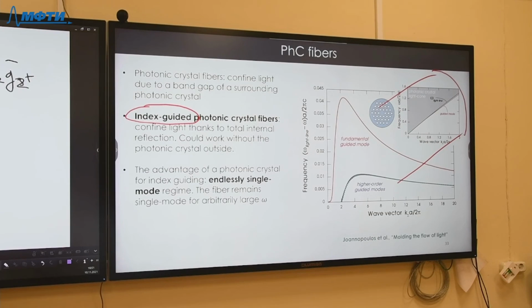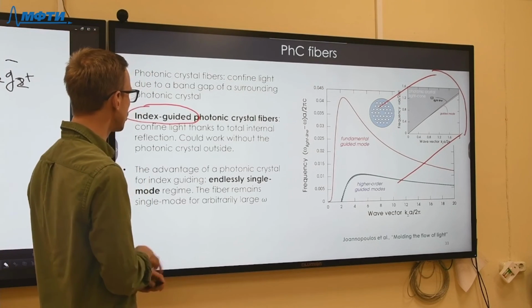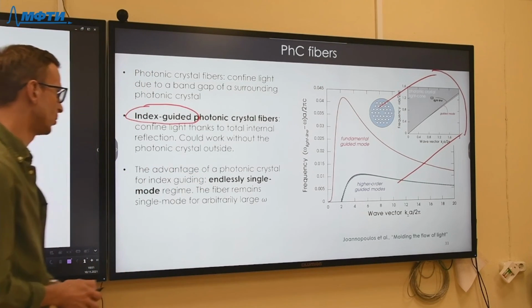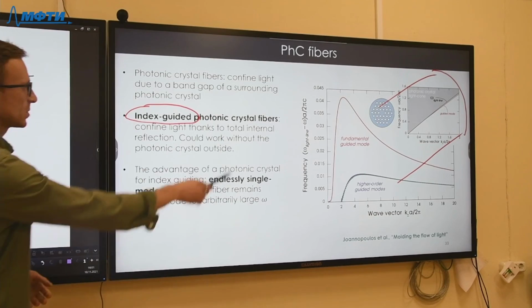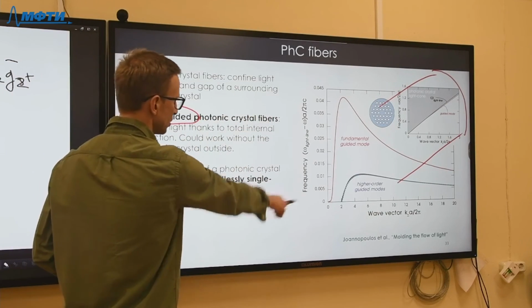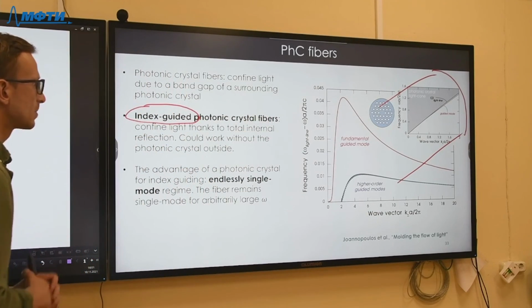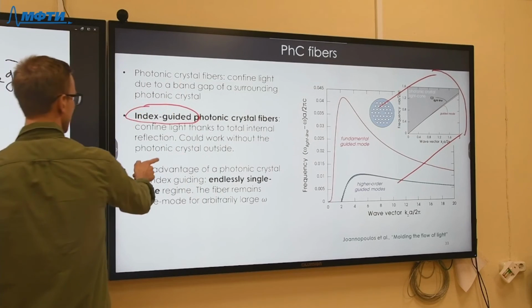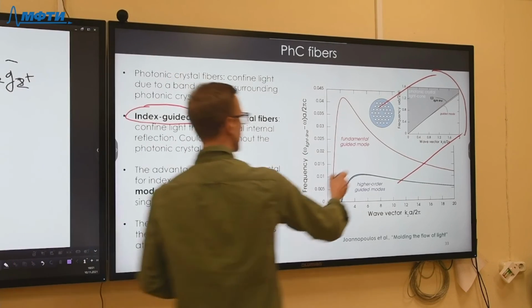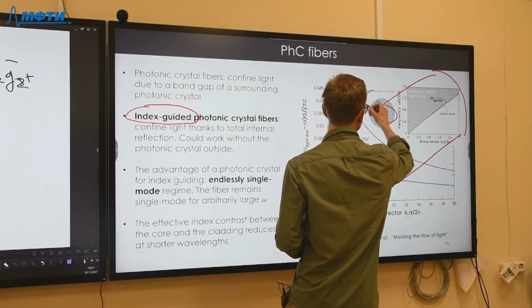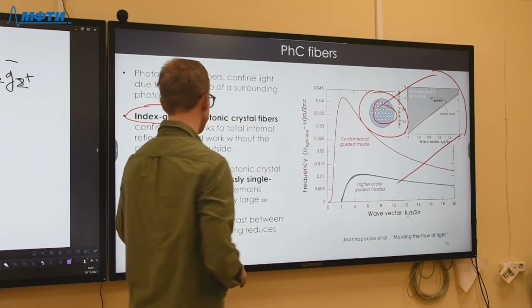So one very nice property of such photonic crystal fibers is the so-called endlessly single mode regime. And I cannot explain now how it works. That would require a lot of time. And if you're looking for an explanation, there's an excellent explanation in the book. But roughly speaking, the way it works is that the effective index contrast between the core and the cladding of the waveguide reduces at high frequencies.